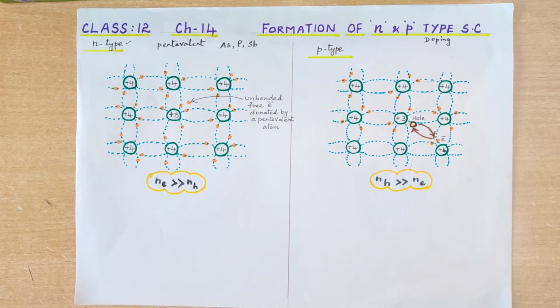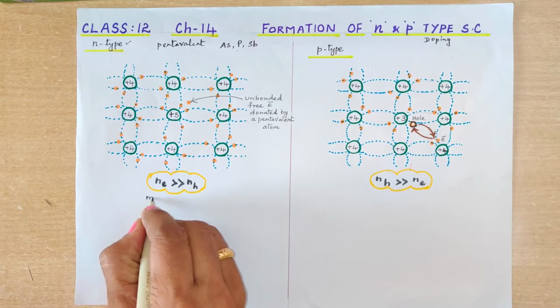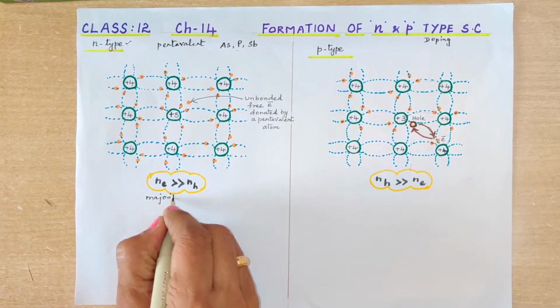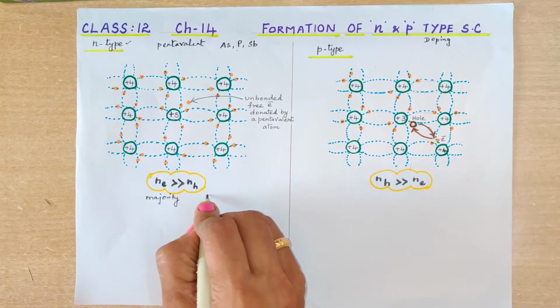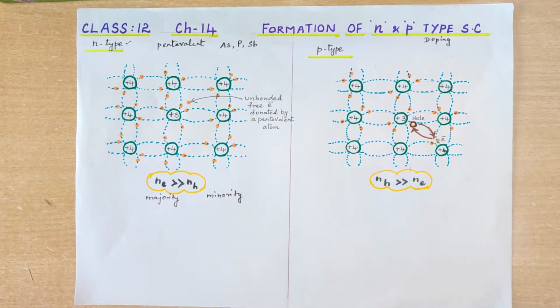Therefore, we understand in N-type semiconductor, electrons are the majority charge carriers because the number density is more, and the holes are the minority charge carriers. In our further discussions, we will go with majority charge carriers and minority charge carriers.